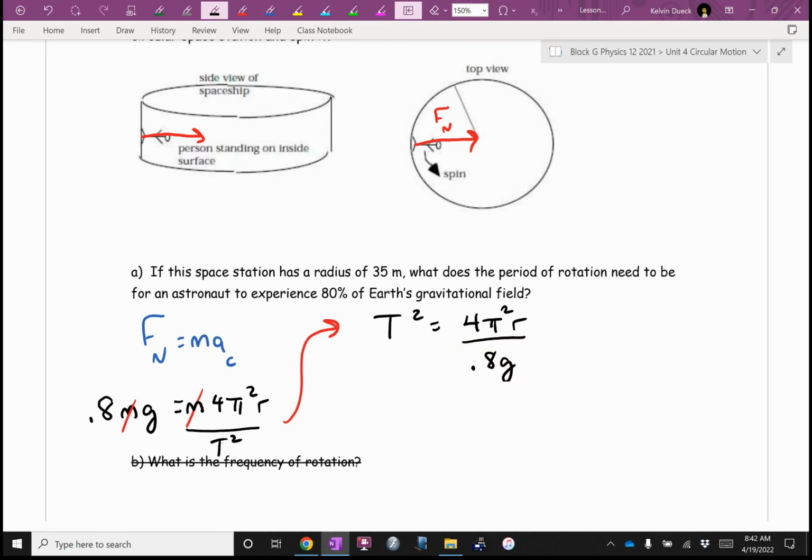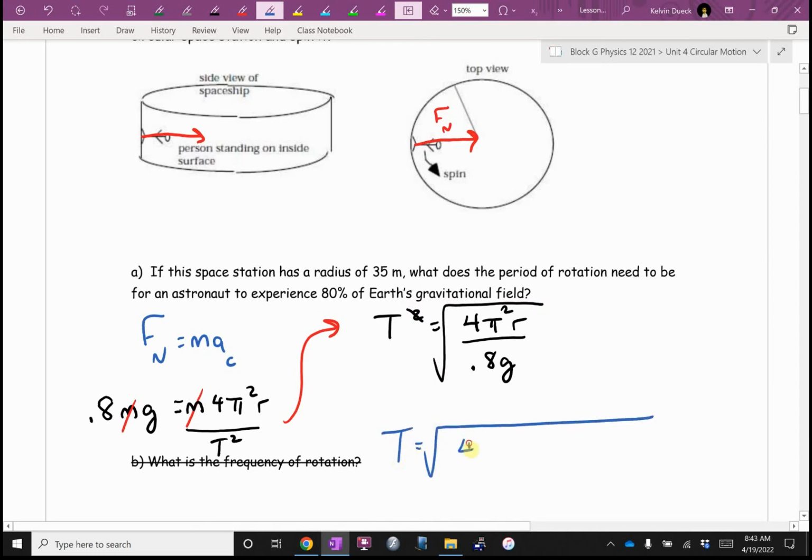Now what? So the period is going to be the square root of 4 pi squared times 35, all over 0.8 times 9.8.